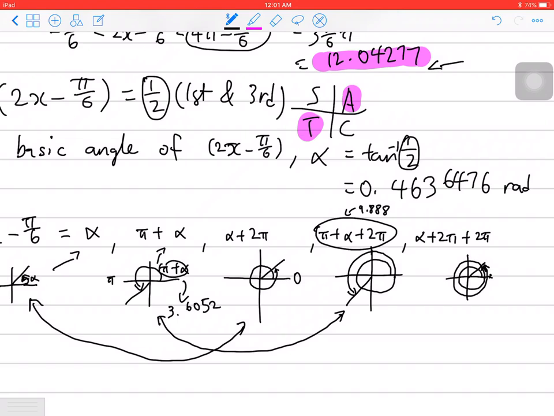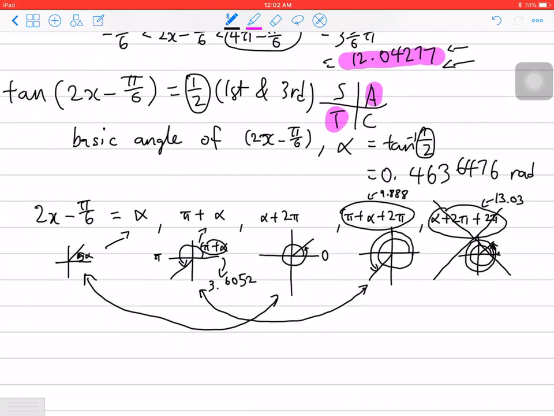You check for this, you have 4 pi plus 0.4636476. This value we'll get is 13.03, which means that this can't be one of the answers because of the range.